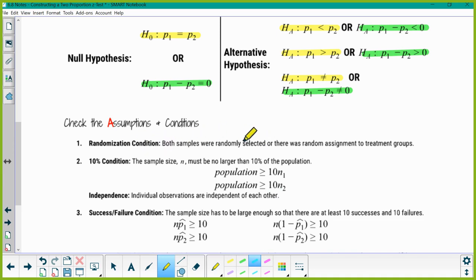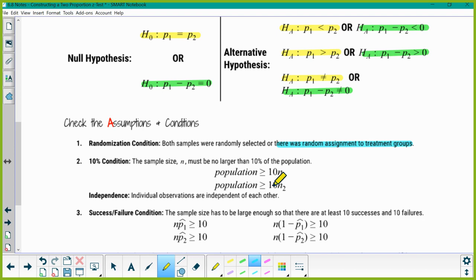Either you selected both samples randomly or you have an experiment and there was random assignment to treatment groups. That also satisfies our random condition because it implements randomness into our samples. You have your 10% condition, population greater than 10 times the sample size. Generally, that's when we say, assume there are that many people in the population.